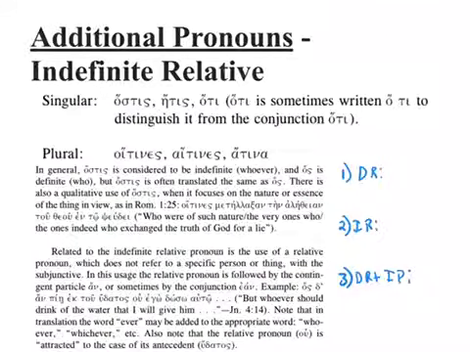Okay. There's also indefinite relatives. So this is basically like a whoever. Hostis, but oftentimes when you're translating, it's just going to be the same as the relative who. The way I like to put it is, you have the definite relative, which is hos right here.